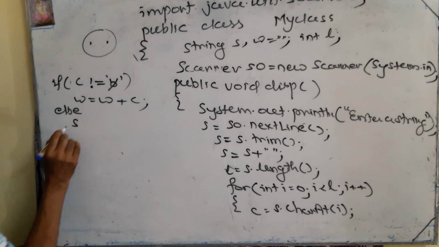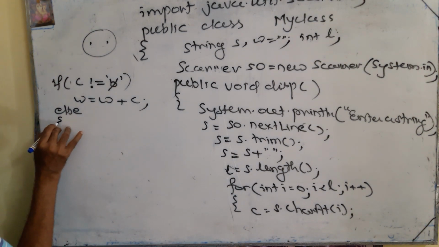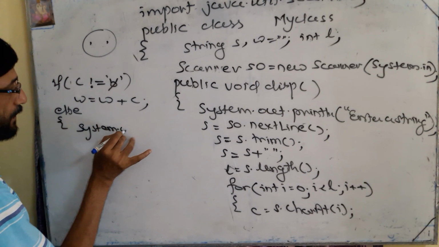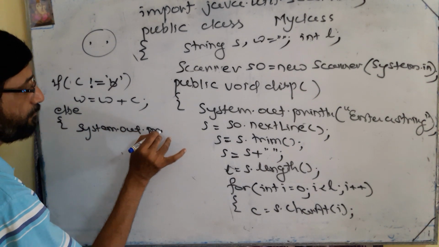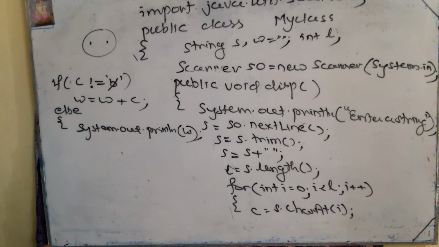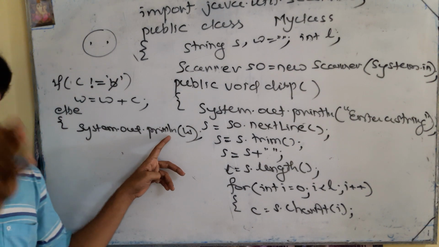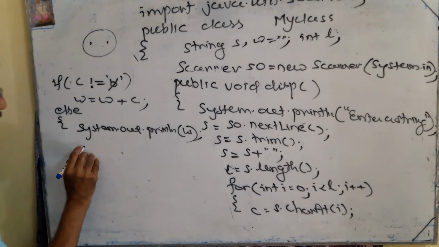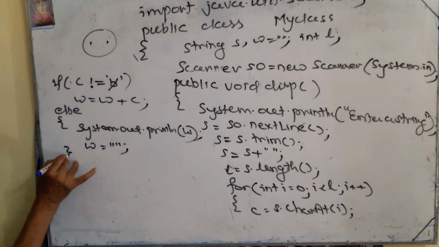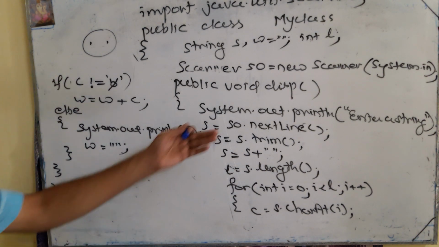So two statements are there in the else part: system dot out dot println w, and with println it will print the words one below another. Then you have to make w to null. Then close the else part, close the method, then close the class. With this our program is completed.